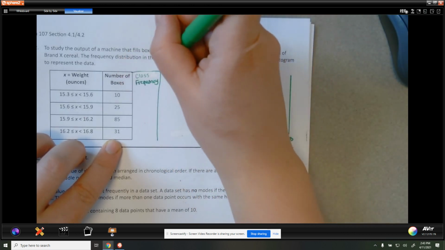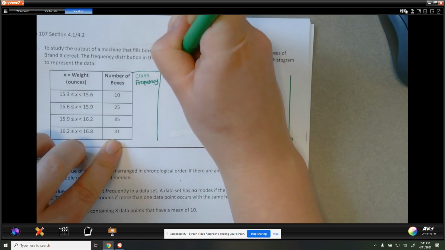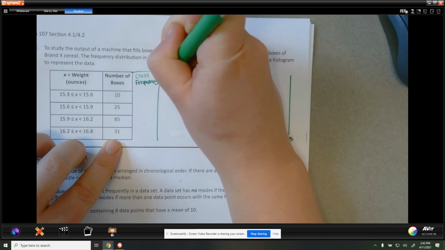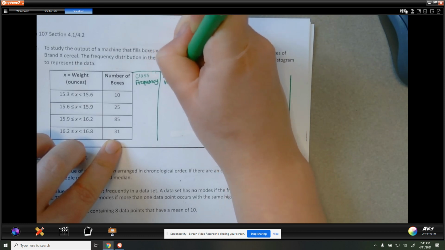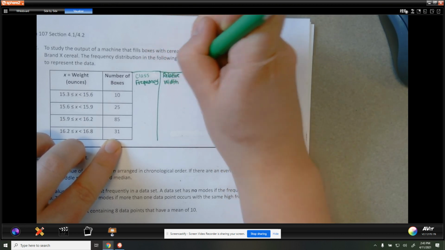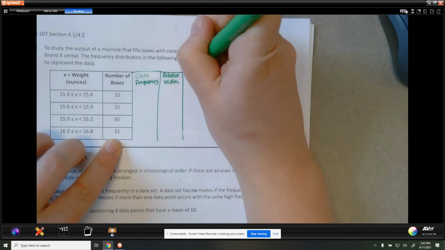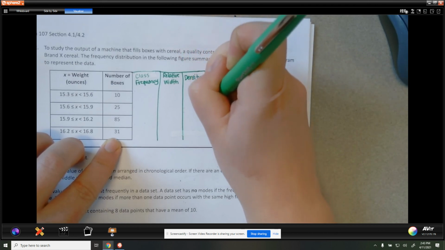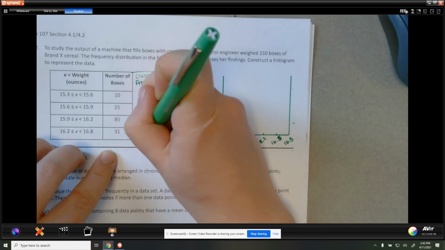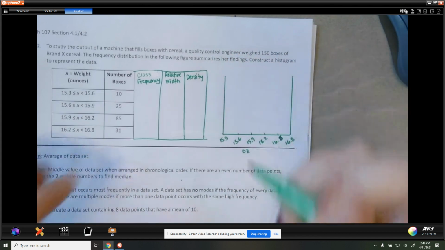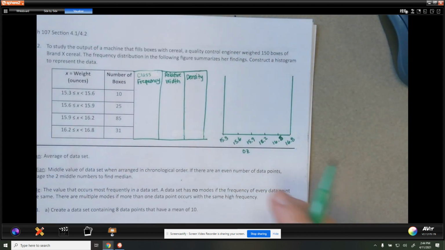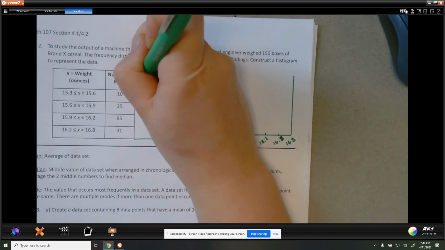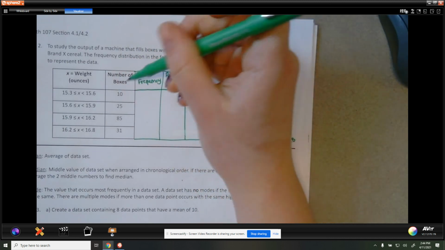And then we need the relative width of the interval. And so then we need the density. Okay, so first thing that we do for this class frequency is we divide our relative frequency by our total.